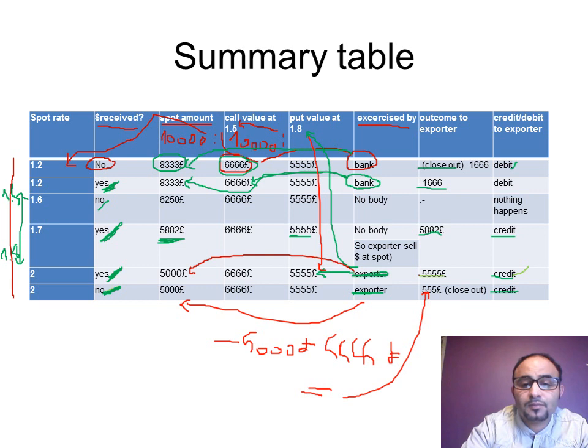Since our company has received the money, all it will do is give it to the bank because the bank wants it at 1.5. And obviously, as we said before, it will give it to the bank at 6,666 pounds.